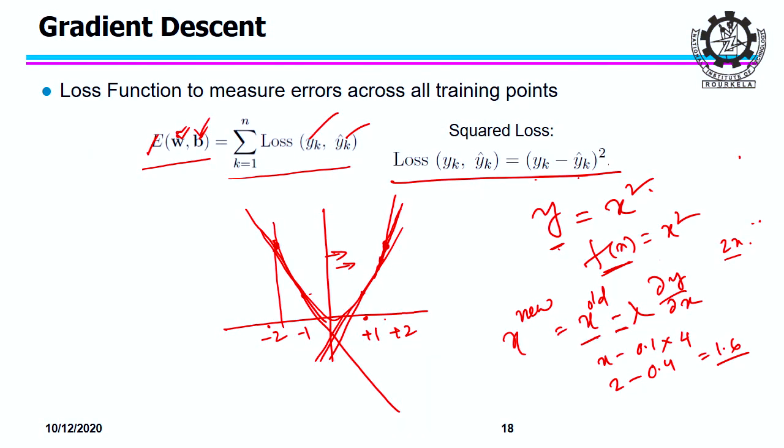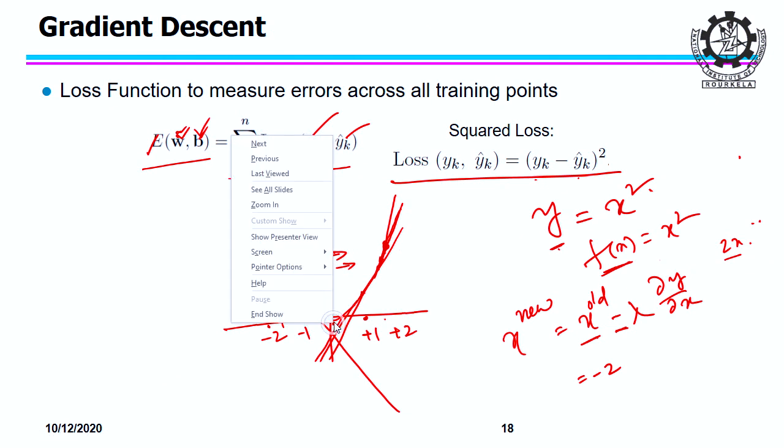Now, if you see the formula, the formula remains the same here, and this is lambda. This value is itself negative because the old value is minus 2. What is the objective? If the value is here at minus 2, it should go down to 0. If it is at plus 2, it should go down to 0.